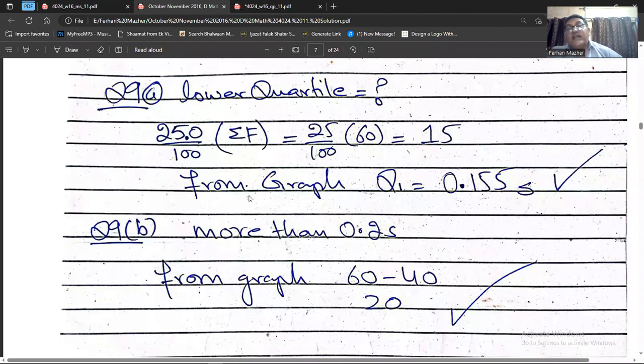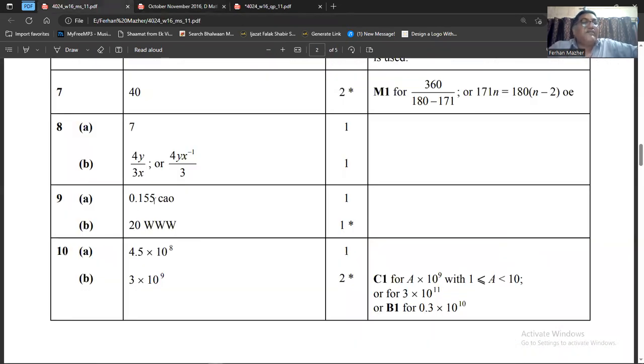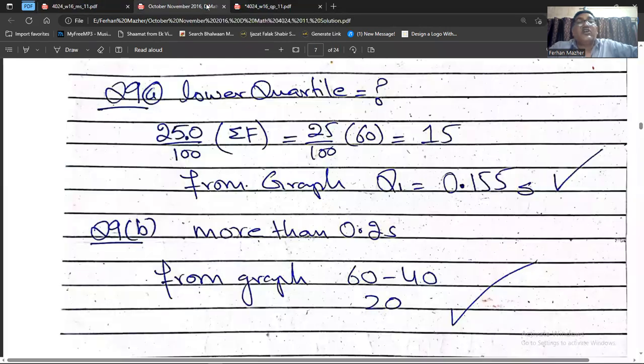From the graph, I am telling you that the lower quartile, which we call Q1, which is 25% of the total frequency, has an x value of 0.155. So this is my answer. Let's check: 0.155 is the right answer. This is how this is done.